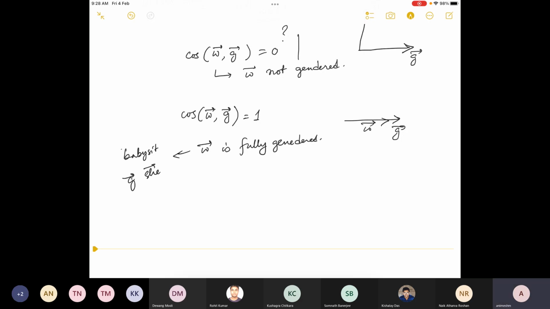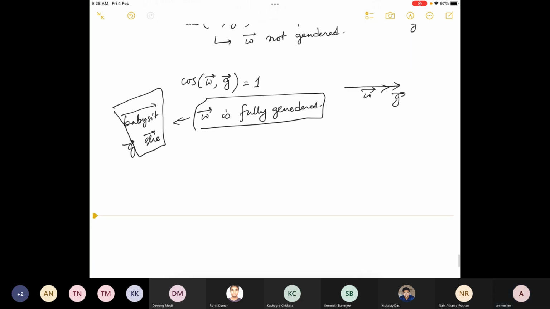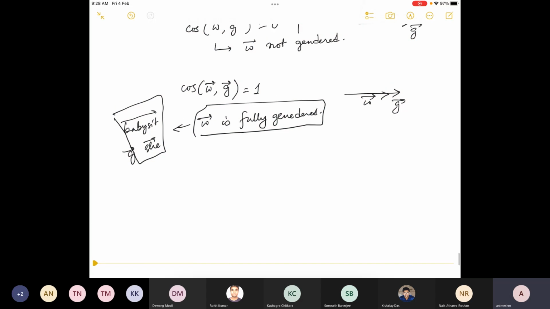In this case, babysit is perfectly aligning with G. That is what is meant by W being fully gendered. And there could be some other occupation which did not align at all with the gender direction. These are the two perspectives in which you view the thing.